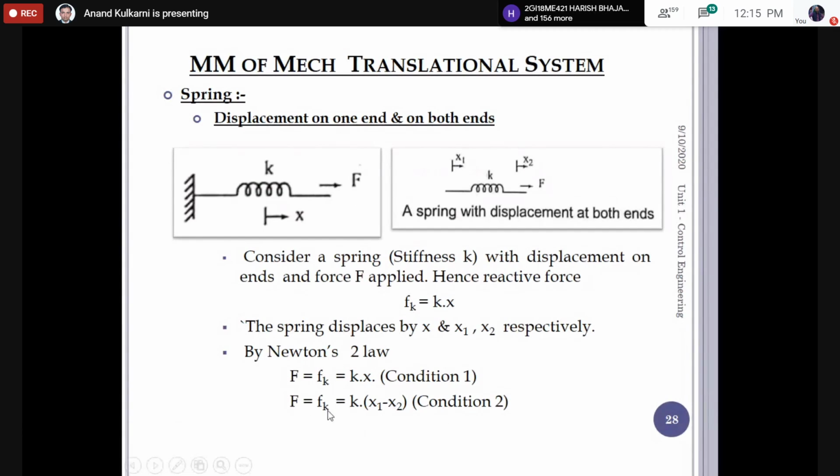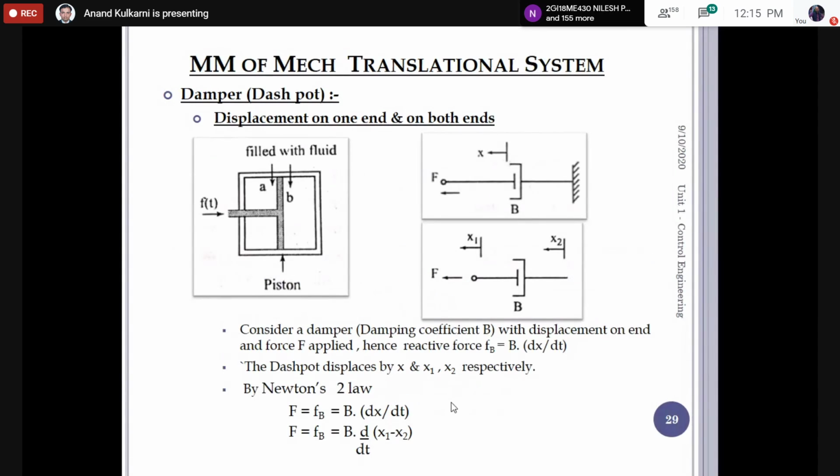So you will get the spring force as K into (X1 minus X2) or (X2 minus X1), depending on whichever is positive. We are not bothered about the sign. Whether you take X1 minus X2 or X2 minus X1, the value will remain the same, only the sign will change. If X1 is greater than X2, it will be positive; if X2 is greater than X1, it will be negative.